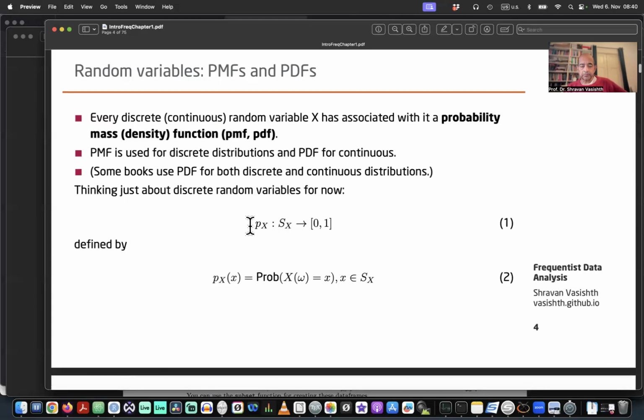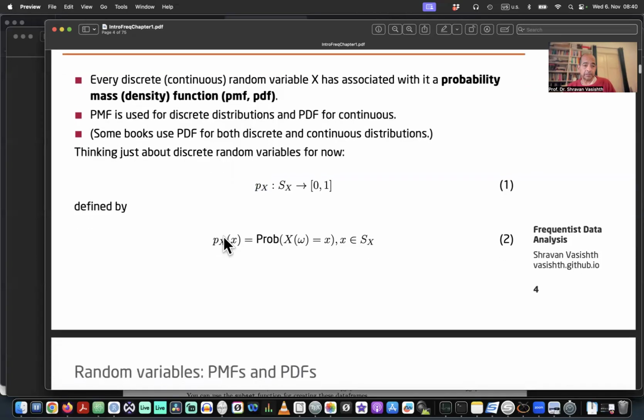So the probability mass function of a discrete random variable will be a function which I'm representing as P of X, which takes every element in the support of X and maps it to a number between 0 and 1, right? Why 0 and 1? Why is the range delimited to 0 and 1? Because we are mapping every possible element in the support of X to a probability. So we are assigning a probability to every possible thing that can happen in the experiment, right?